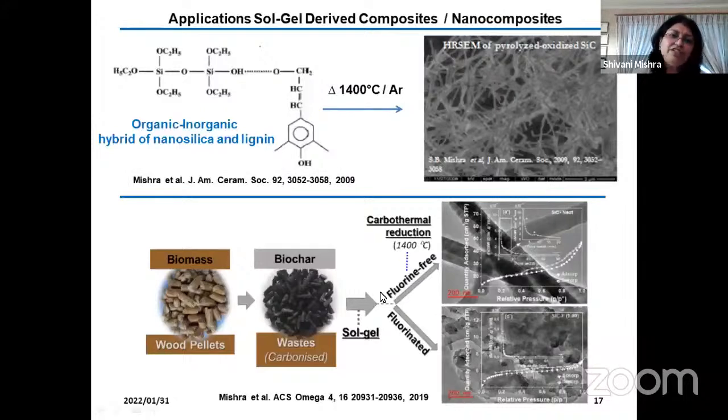So what we did was that we wanted to introduce fluorine in this network, thinking that we will have a final product with the fluorine incorporated into it. But unfortunately, if you see these two slides, this is the finely defined silicon carbide nanofibers. But when we see here, everything is collapsed.